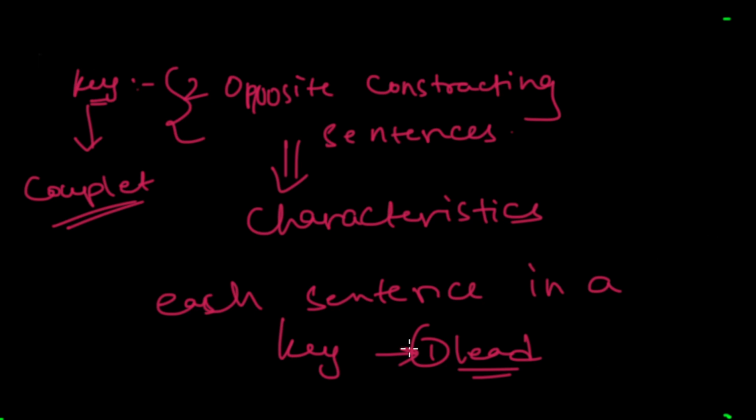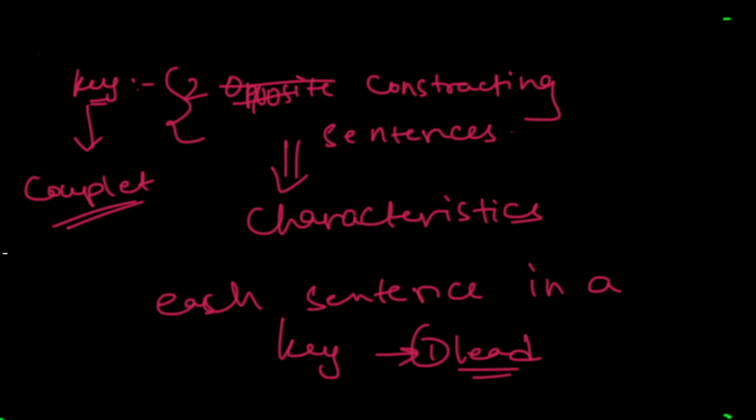So the two oppositely contrasting sentences which signify the characteristics are called a couplet, and each sentence in this couplet is called a lead. Okay guys, this is your key.